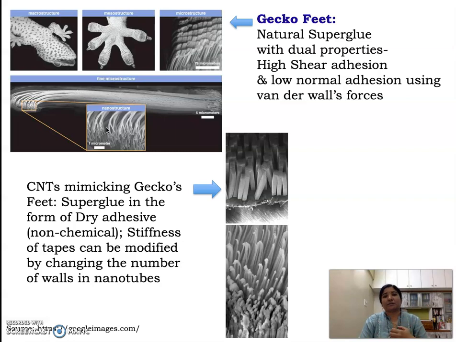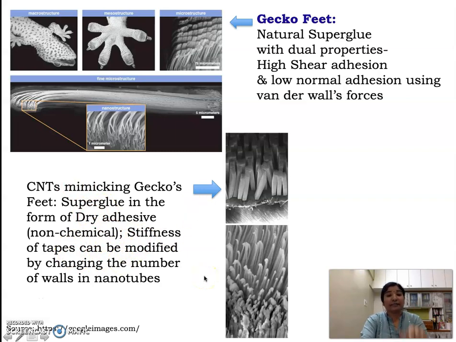Mimicking the Gecko effect using carbon nanotubes, one can make a super glue in the form of a dry adhesive, and a similar project has been done by a group of IIT Kanpur students, wherein the stiffness of tips can be modified by changing the number of walls in the nanotubes.